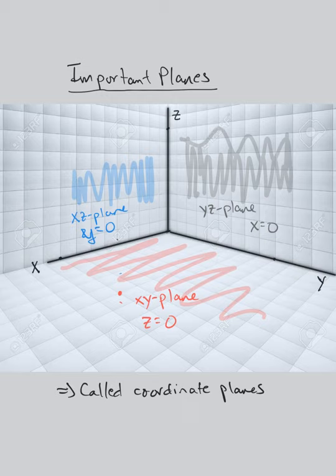Now, one other thing too, I just wanted a motivational example of using a room to try to talk about three-dimensional coordinates, but make sure you realize there's negative sides to each one of these axes. And so there's a negative x-axis, there's a negative y-axis, and there's a negative z-axis. So we could have negative coordinates as well. All right, and so that's the basics of the 3D coordinate system.